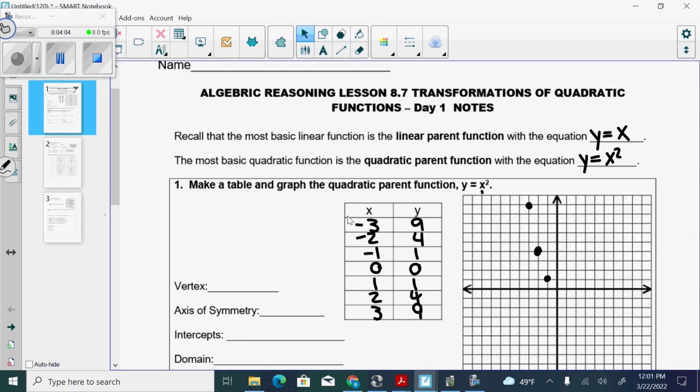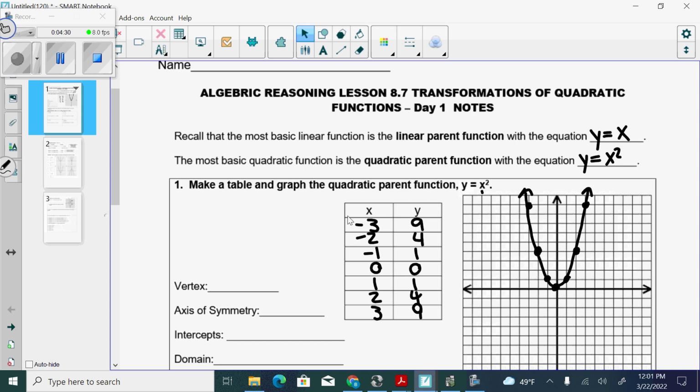I have a point at 0, 0. And then I have the same points just on the other side, right? +1, 1. +2, 4. And +3, 9. Once I have those points plotted, I'm just going to connect them to make that U-shaped parabola that we are familiar with.